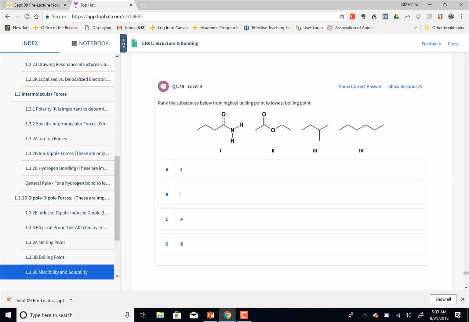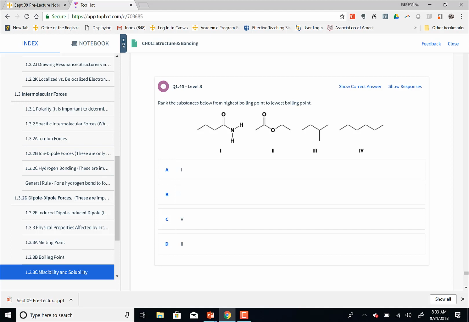Four, made up of only carbon and hydrogen, has only dispersion because it's a nonpolar molecule. All molecules that are only made of carbon and hydrogen are automatically nonpolar. So 4 would have dispersion forces.